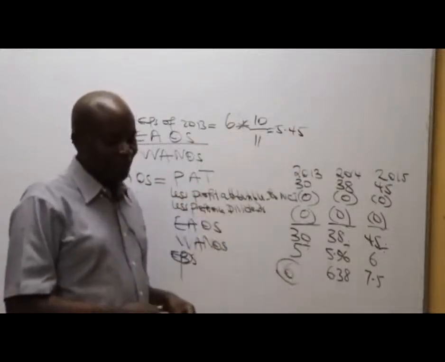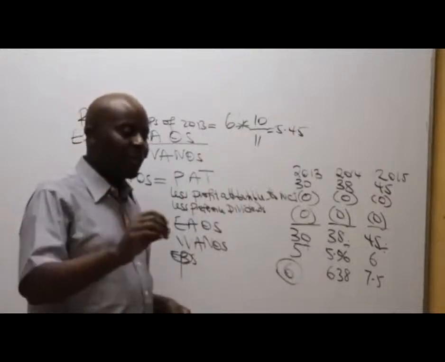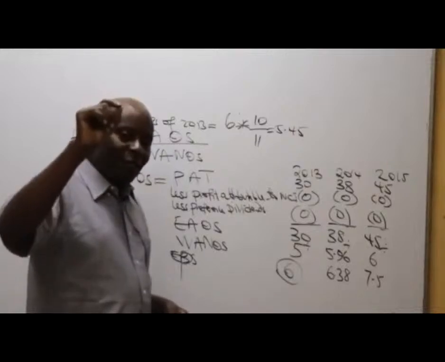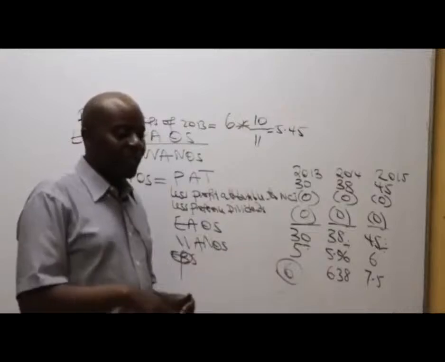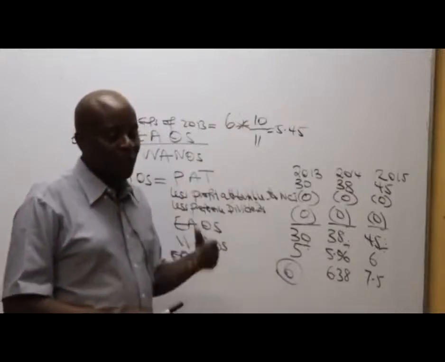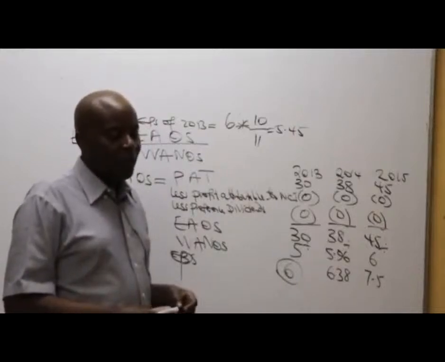So the comment is that this company's performance is superb. Any CEO who is able to increase their EPS like this should earn huge perquisites in the form of bonuses.